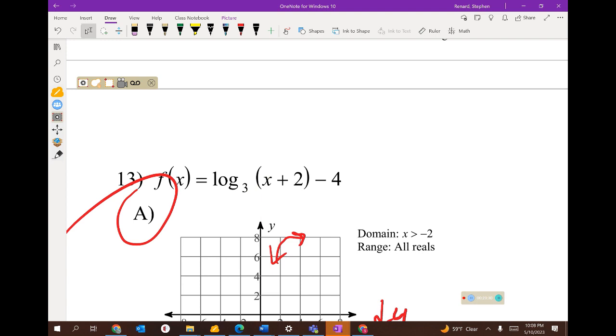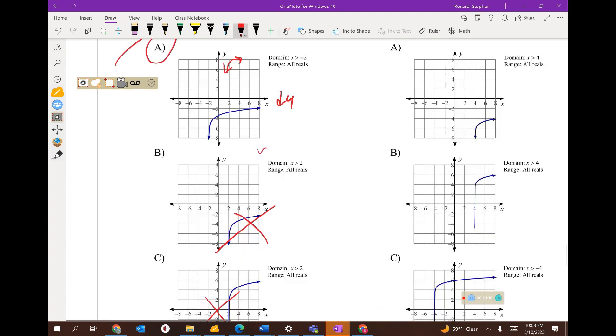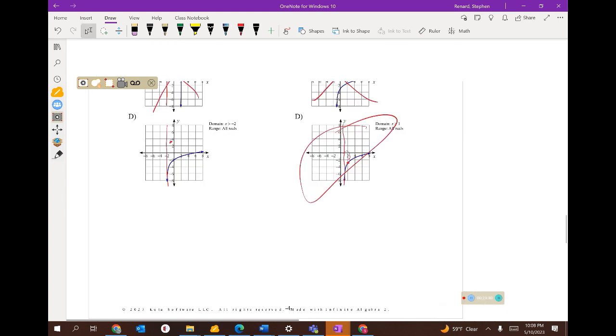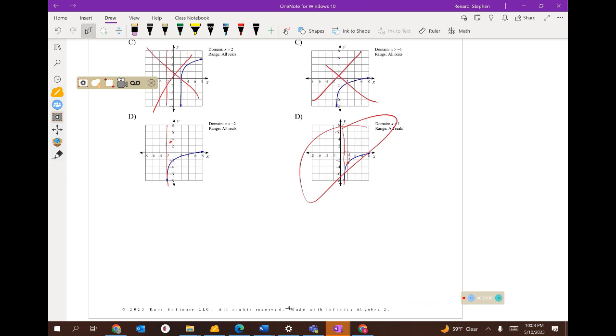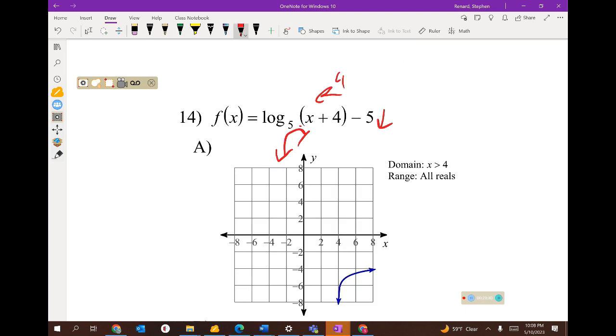If this isn't making sense to you, make sure you come in during AOT. Last one. Which, of course, this is never going to let me do. This +4 moves 4 to the left. -5, 5 down. And it goes like this.